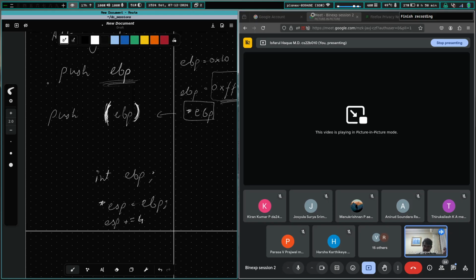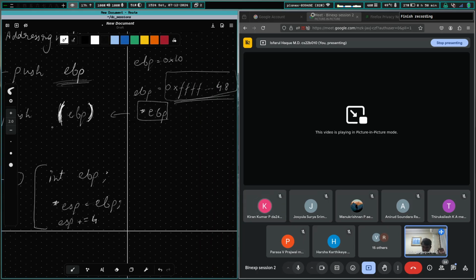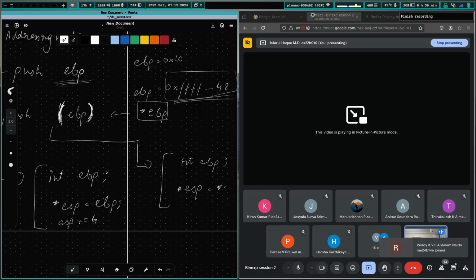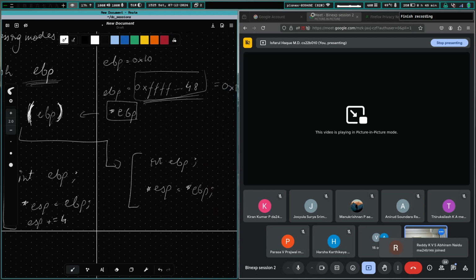So this is fine for the first one, right? Yeah. Now, the way this works is int EBP somewhere above, star ESP is equal to star EBP, and ESP plus equals 4. That's the only difference. The star is the only difference.